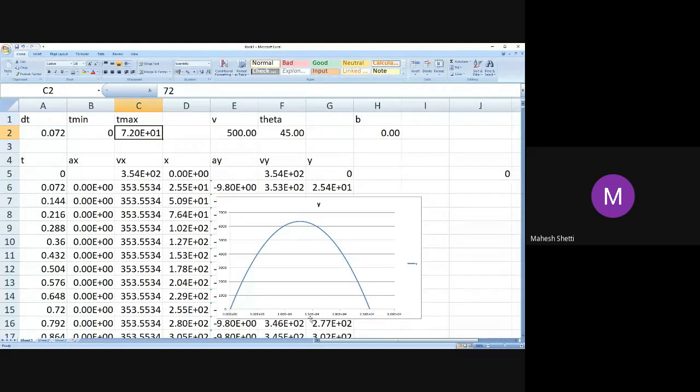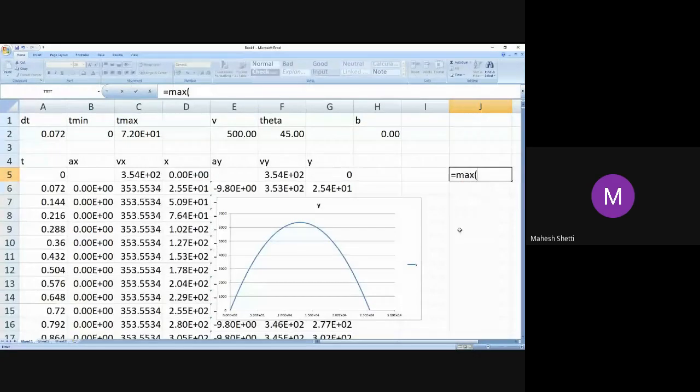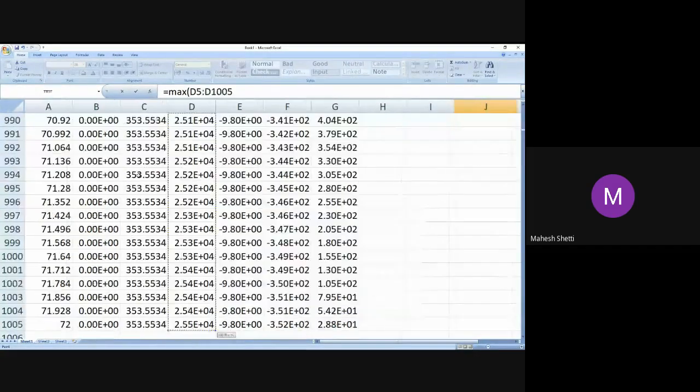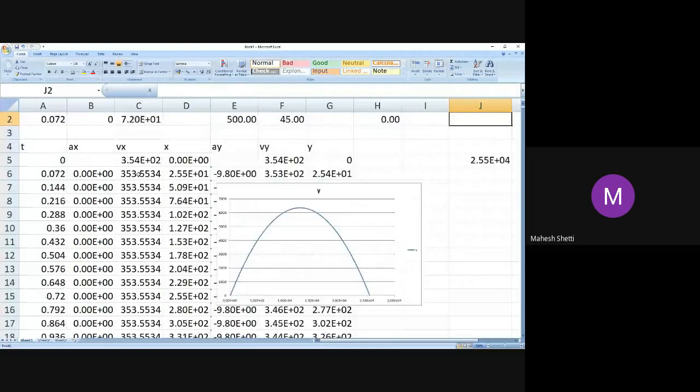And how much is the range? The range you observe here, of course you can calculate. You can calculate what is the maximum, equal to max of x, the entire range.